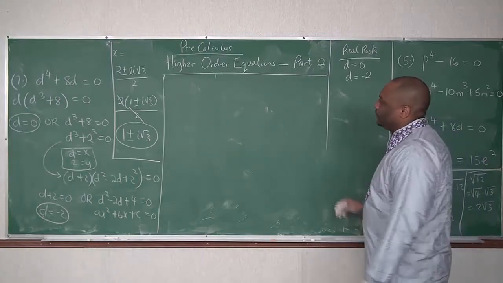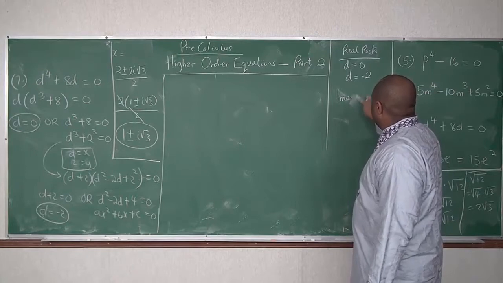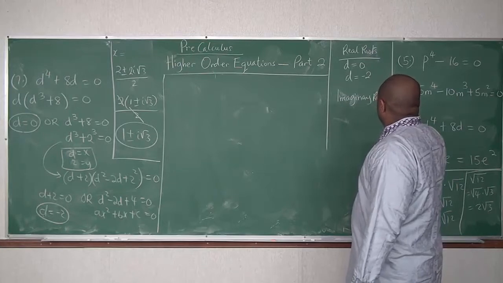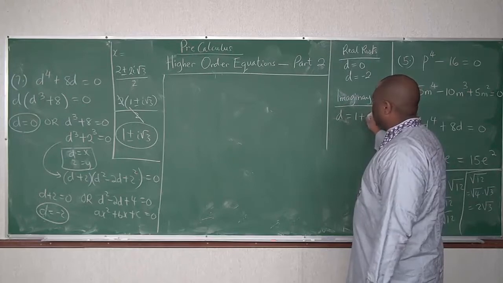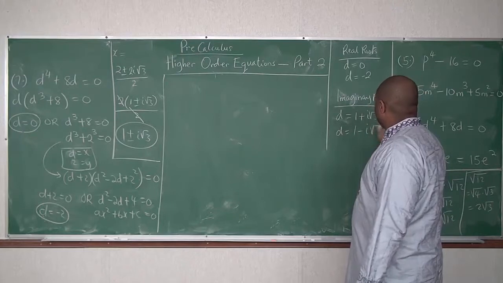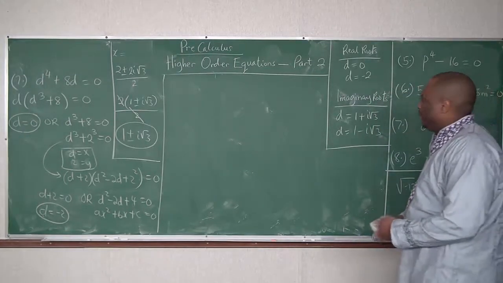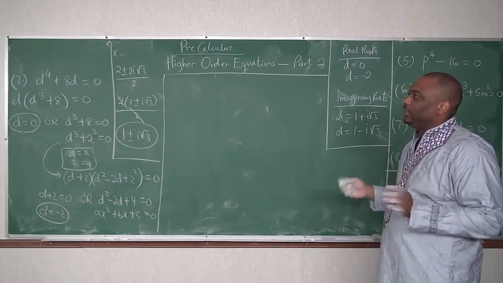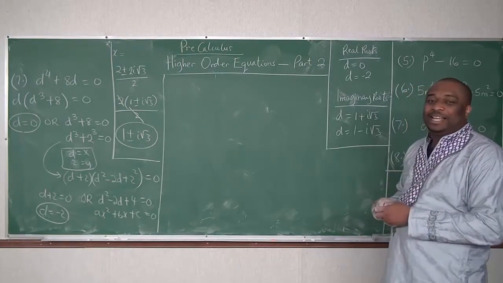Now, the imaginary roots are d equal to 1 plus i root 3 and d equal to 1 minus i root 3. Those are the imaginary roots. Okay. What do we do next? Check our work. Checking will take us time for the imaginary roots.